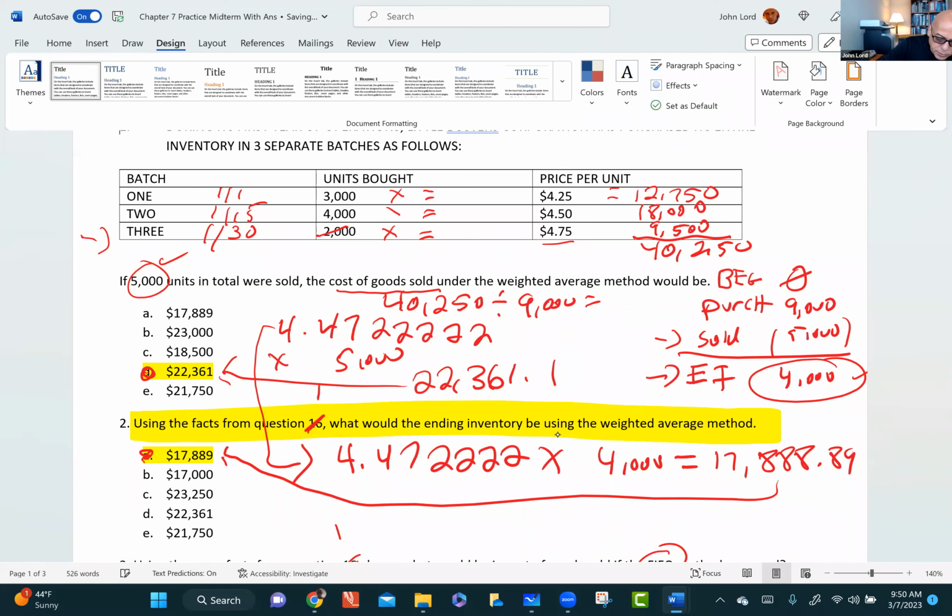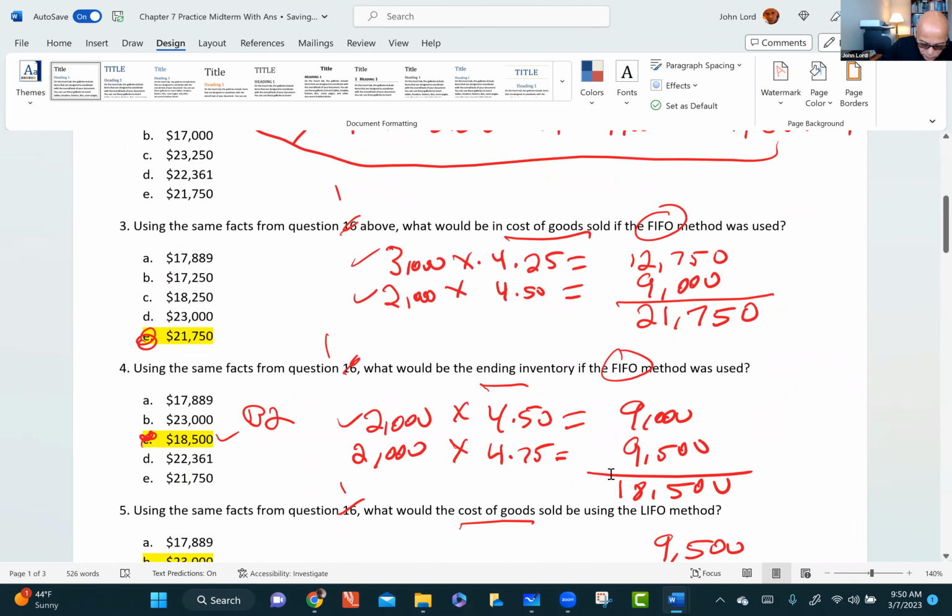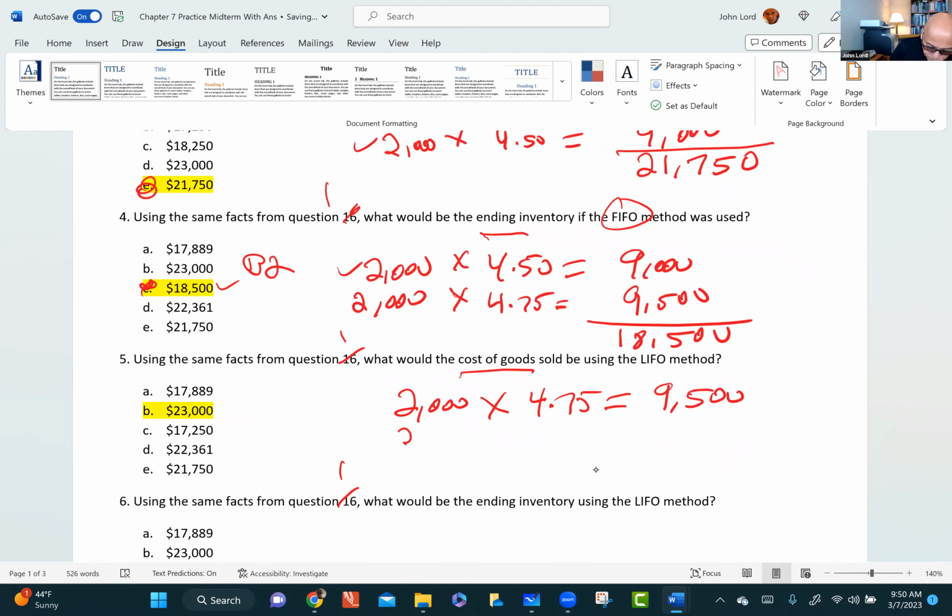There'll be 1,000 left, because I'm going to take 3,000. So 3,000 at 450 gives me 13,500 if I'm doing my math correctly.